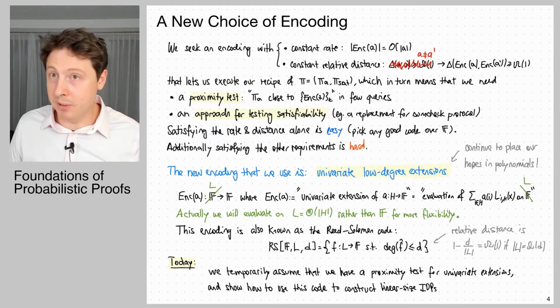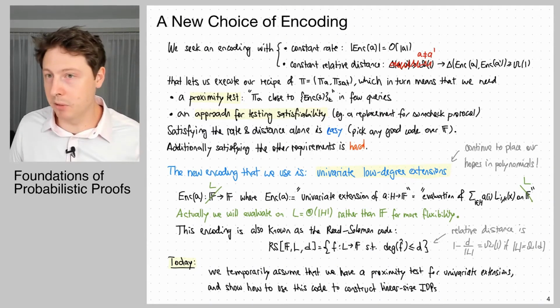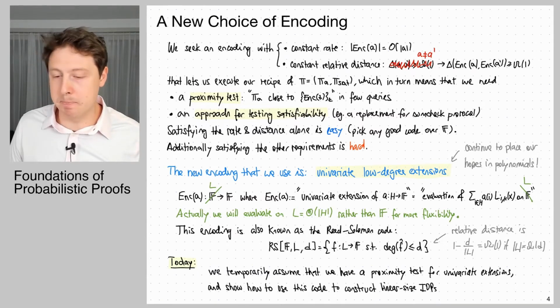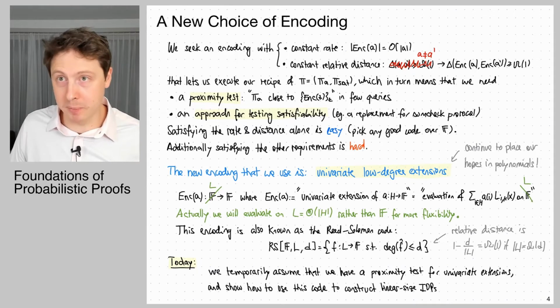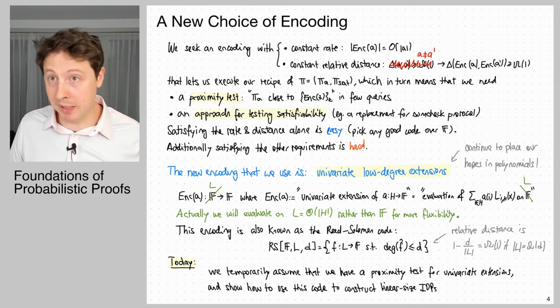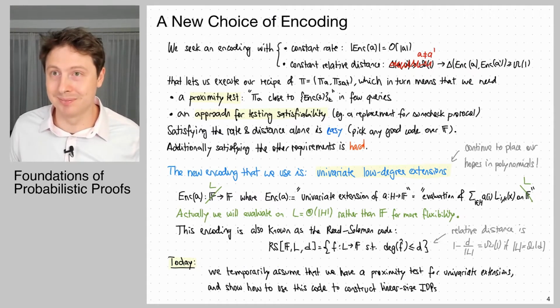All right, so we're about to get into some concrete protocol building. Specifically, let's use univariate polynomials and build an IOP of linear size, assuming we can test things. Are there any questions?